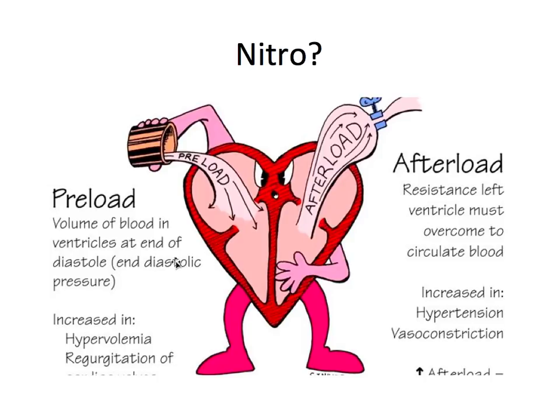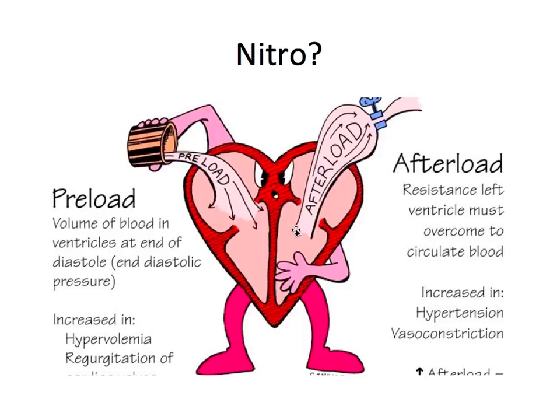The preload is how much blood is getting pumped into the right ventricle and the right atrium without the right side having to pump. If we completely remove the right side of the heart, so this is just a hollow opening, how much blood can the left ventricle pump after it goes all the way through the body, back up the inferior vena cava, into the right atrium and right ventricle, then the lungs, and back to the pump?